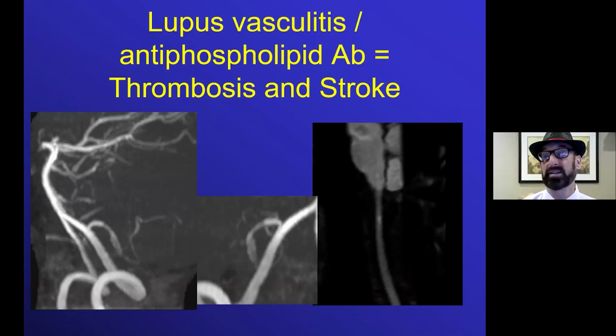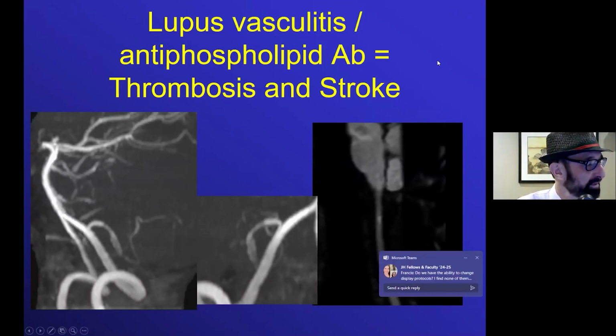So most of the time, we're not really seeing vascular enhancement with lupus. What we're seeing is a patient who has multiple strokes, unknown source, doesn't really have a coagulopathy that is manifested by the typical complement cycle or coagulation cycle, but is associated with the lupus antiphospholipid antibody.